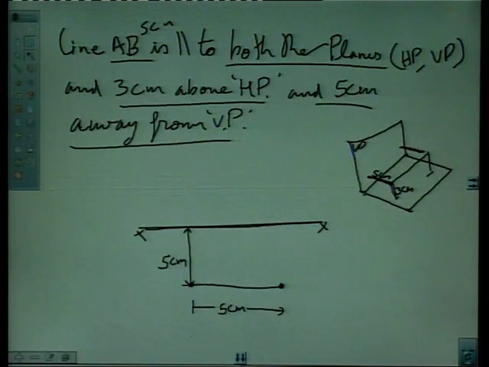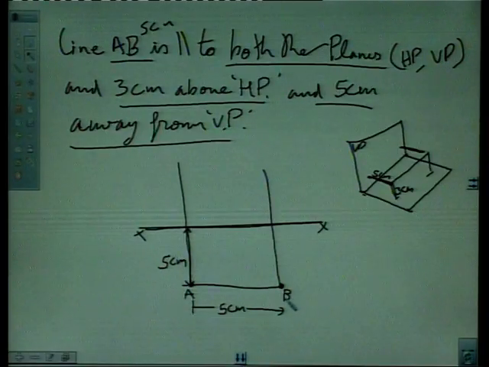Now how to draw its elevation? Just draw guidelines from this and guidelines from this point. Say this is point A, this is point B. As line is 3 centimeter above horizontal plane, from here we will take 3 centimeter.